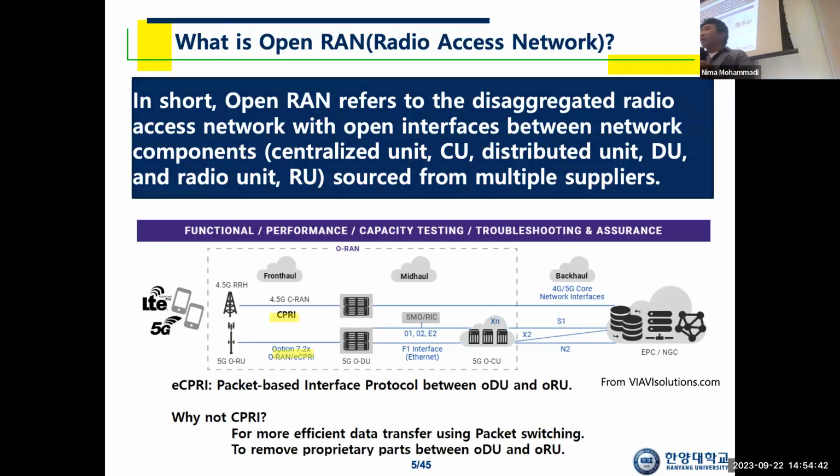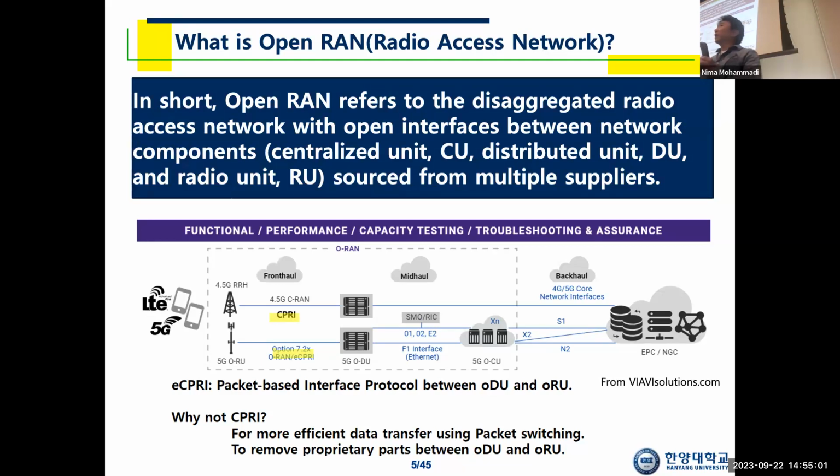Among those many issues, we have two major issues. Number one, eCPRI is a circuit switching based protocol. It's not efficient enough. It's not flexible enough to be used for a 5G radio access network.